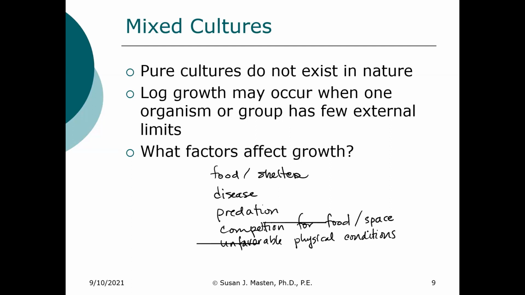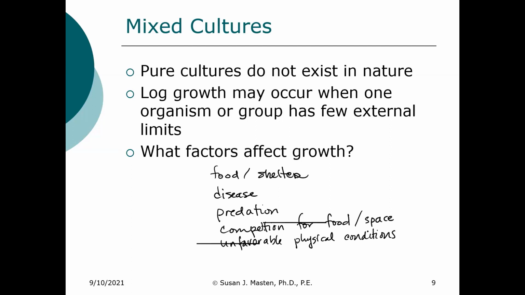So if you've got too high a growth of the acid forming organisms and not enough alkalinity, the pH drops and kills off the methanogens. So what's really killed off those methanogens isn't limitations in terms of food. It's not limitations in terms of space. It's actually an unfavorable physical condition. So the pH drops and the organism dies.